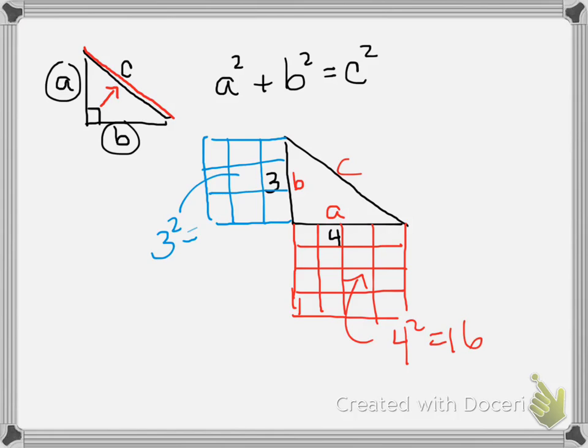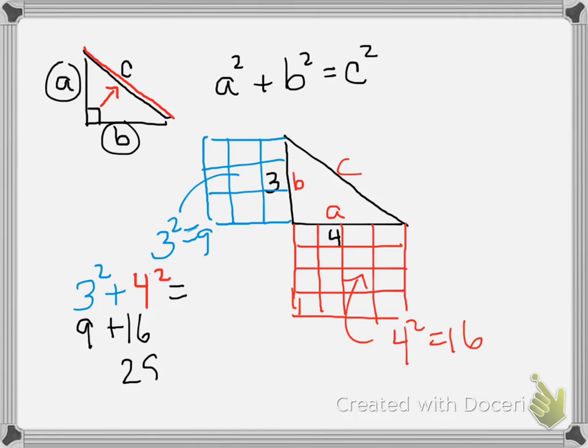the square of that is 9. So Pythagoras says if you take 3 squared and you add 4 squared, then that should equal the square that comes off of the side C. So 3 squared is 9 and 4 squared is 16.